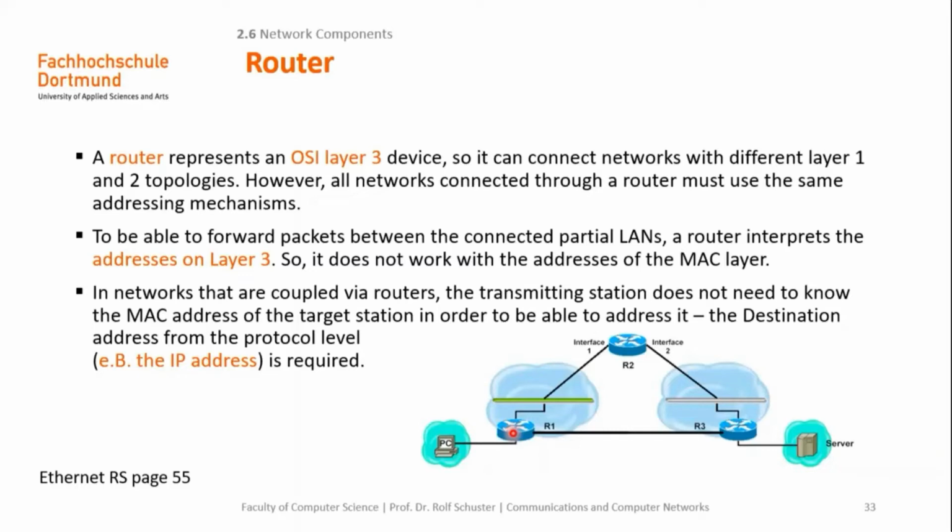Based on the destination IP address, the router will choose the best route to follow in order to forward the datagram or the packet over the appropriate port and to the appropriate next hop.